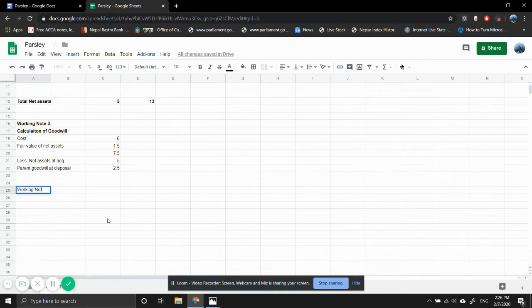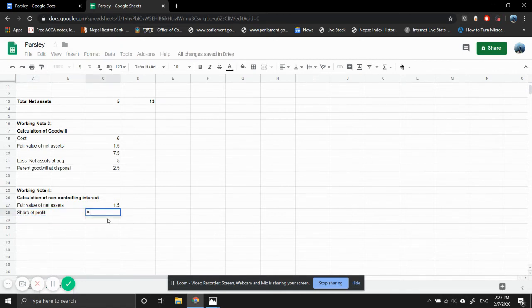We need working note 4 as well, calculation of non-controlling interest. This will be this figure, and then share of profit, which will basically be the profit.